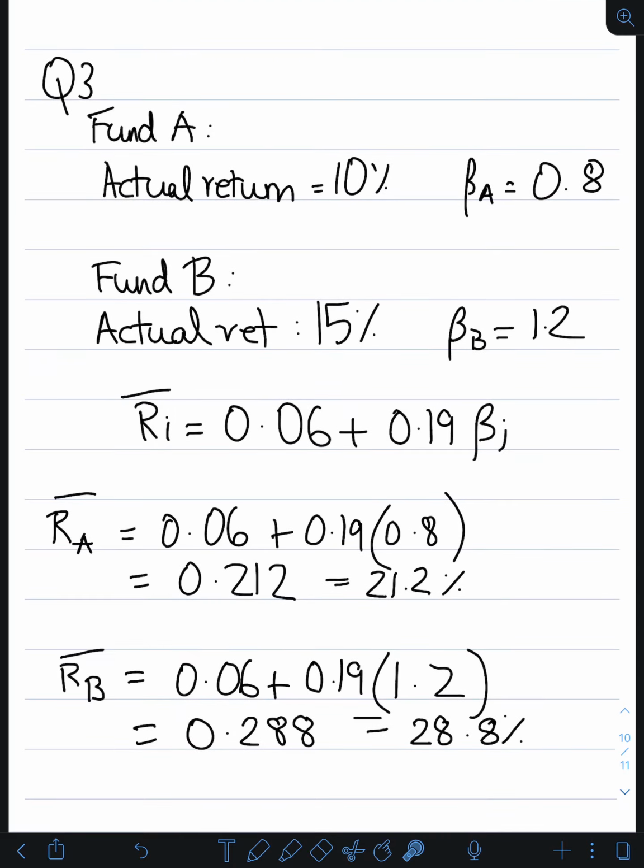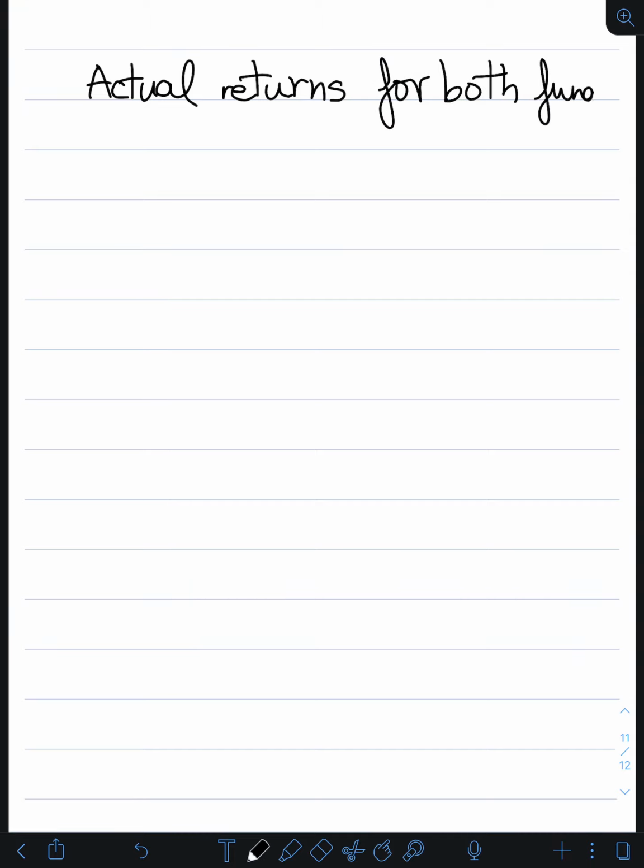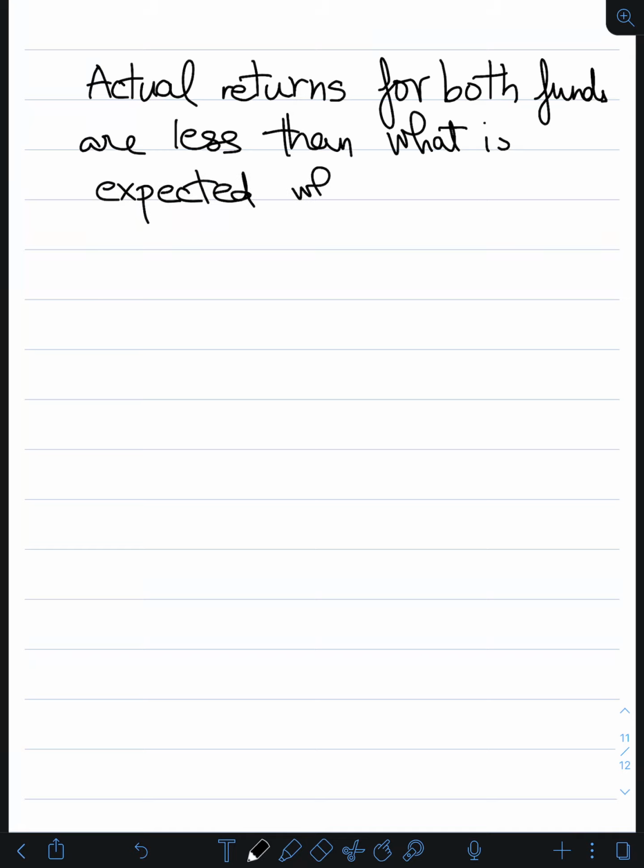Okay, I'll write that down just so it's 100% clear what's going on. Actual return for both funds are less than what is expected when using the SML, the security market line.